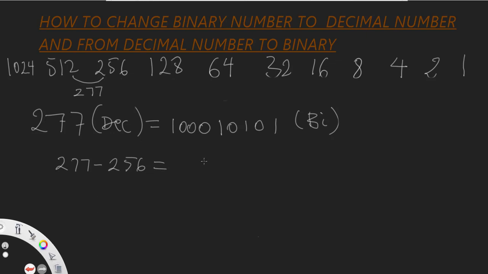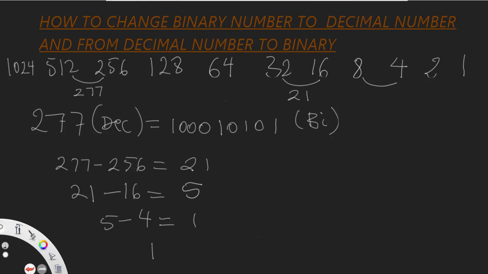So the answer will give us 21. Then 21 is between 32 and 16. So we look at the number that follows 21, it's 16. Okay. So the answer will be 5. Now we look at 5. It's here, between 8 and 4. Meaning that we minus 4, and then the answer is 1. 1 is the last number we put.